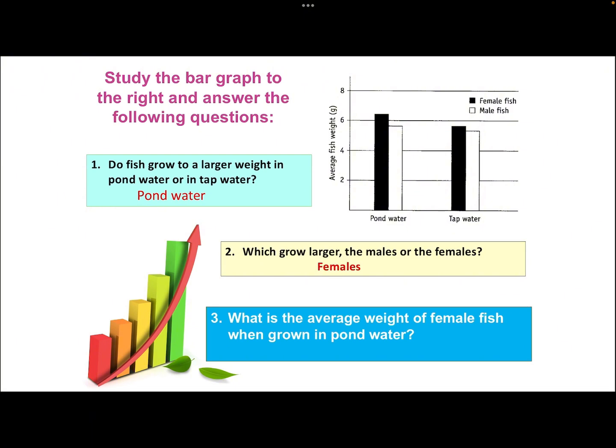What is the average weight of female fish when grown in pond water? Your answer would be about 6.4 grams.